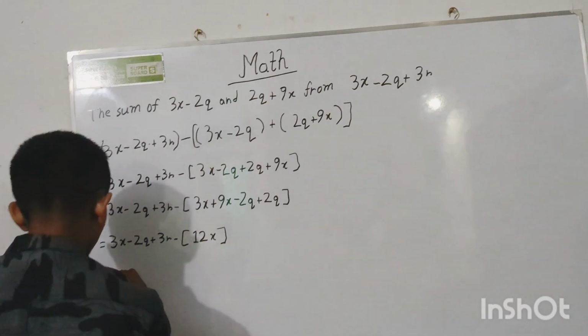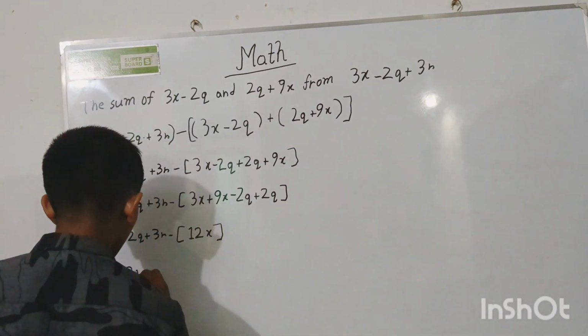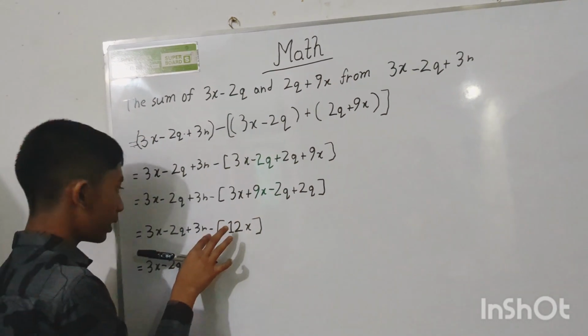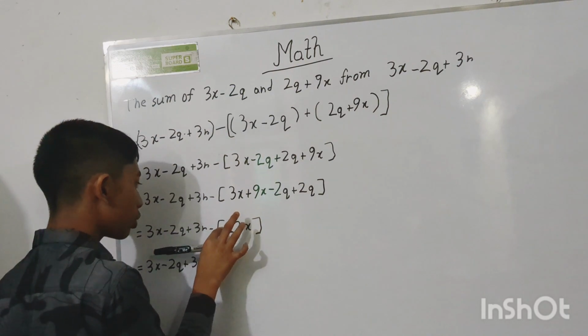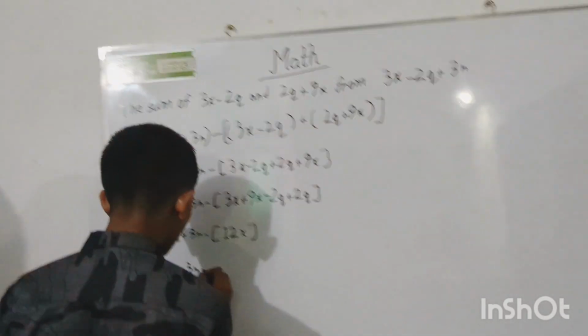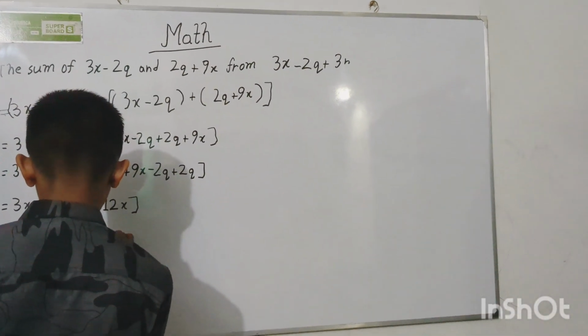Now I'll cut the bracket. 3x minus 2q plus 3r. Now here is a minus sign, but here is no sign, that means here is a plus sign. If you multiply minus and plus, it will be minus. So minus 12x.